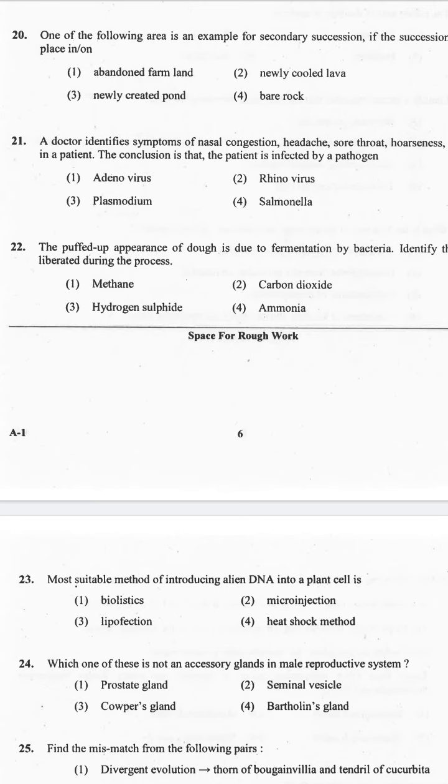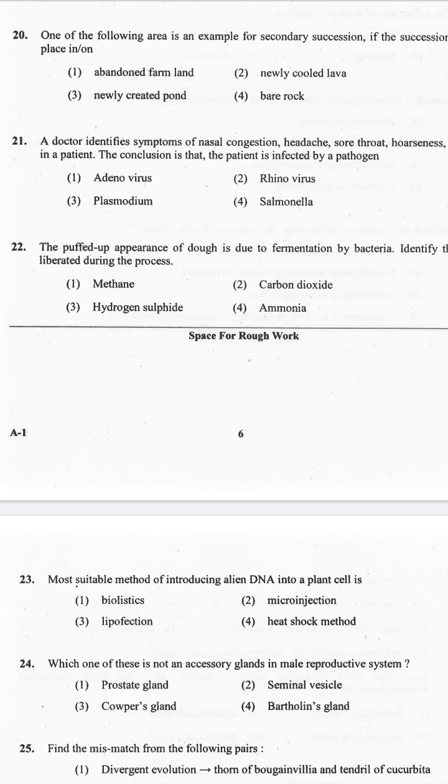When bread is prepared, yeast is added to it for porosity. The puffed up appearance of dough is due to fermentation. During this process, carbon dioxide is released. Hope you understood this one. So the correct answer is option 2, carbon dioxide.